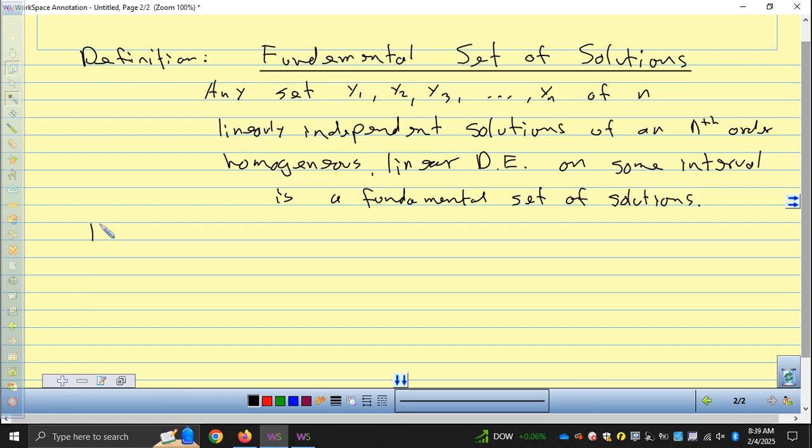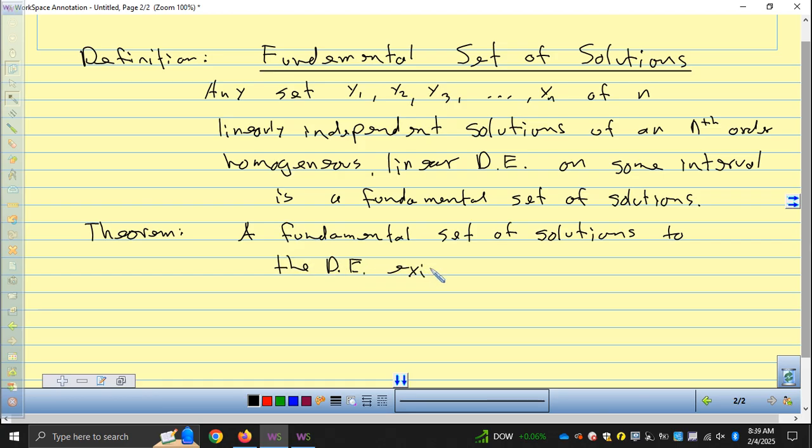And we'll follow that up with a theorem. Our theorem says a fundamental set of solutions to the differential equation exists. And again, we're assuming that our differential equation satisfies the conditions for the existence of a solution.